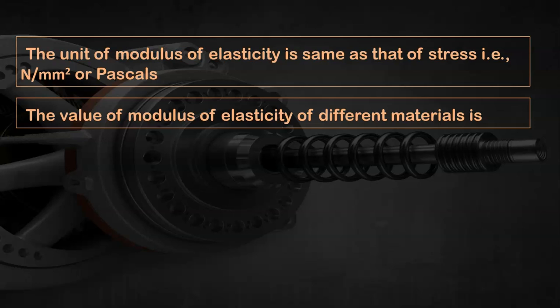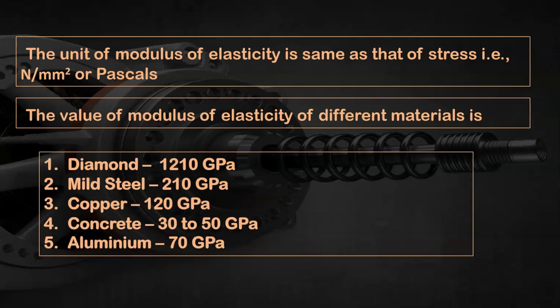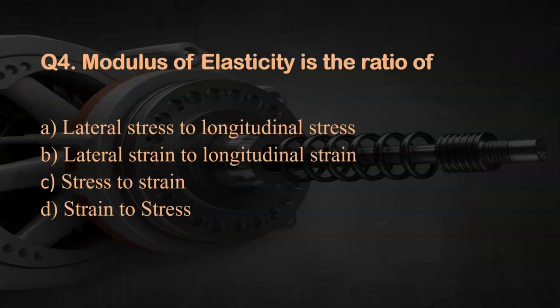The value of modulus of elasticity of different materials is: diamond 1210 gigapascal, mild steel 210 gigapascal, copper 120 gigapascal, concrete 30 to 50 gigapascal, aluminum 70 gigapascal. So question 4, modulus of elasticity is the ratio. The right answer is option C, stress to strain.